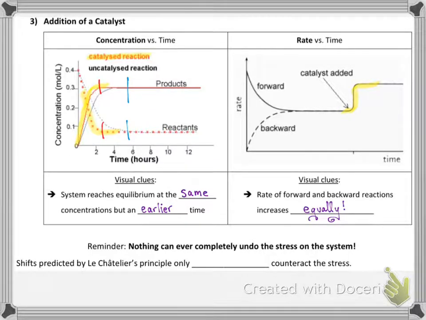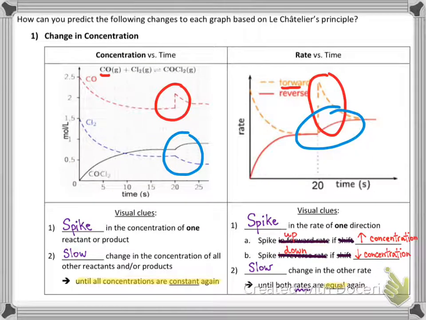Just a quick reminder before we segue away from these delicious graphs. Nothing can ever completely undo the stress on the system. So shifts predicted by Le Chatelier's principle will only partially counteract the stress. Graphically, I think that's easiest to see if we go back to the change in concentration graph. If you remember, this is where we were at equilibrium and then we dumped in some extra carbon monoxide.